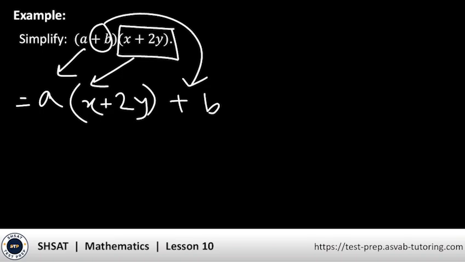Make sure that you do not forget the symbol, okay? And then once again, you put the second part again. So basically, the first part of the first one, the entire second one, plus the second part of the first one, and then again, the entire second one. That's how it works.